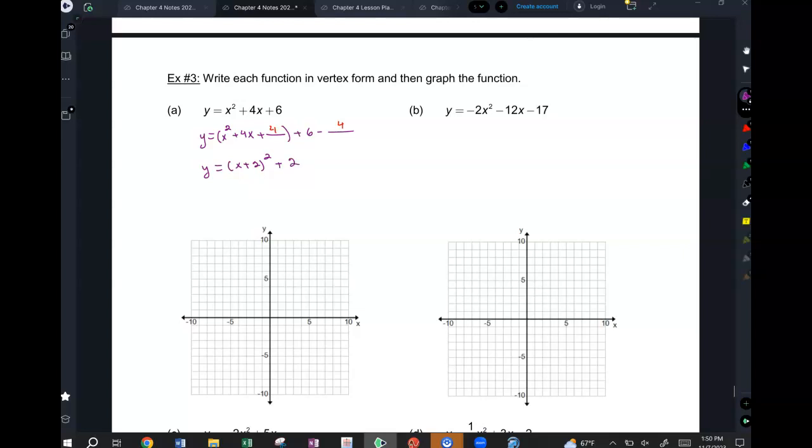So negative 2, positive 2, that's the vertex, right? Negative 2, 2. And then I go over 1, up 1, over 2, up 4. Fabulous.